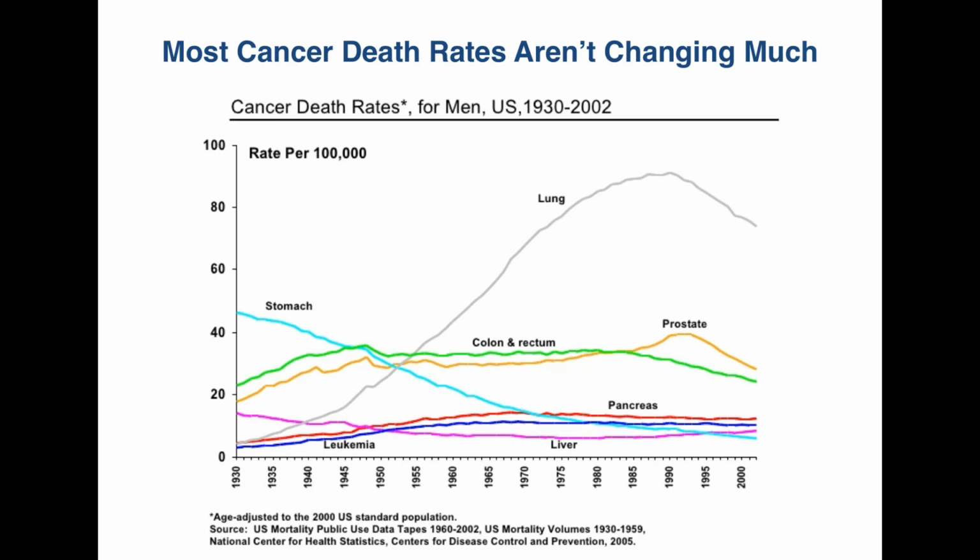And that doesn't really have much to do with finding good treatments for lung cancer. It's more of a lifestyle or behavioral change that has caused this decline in deaths in men.